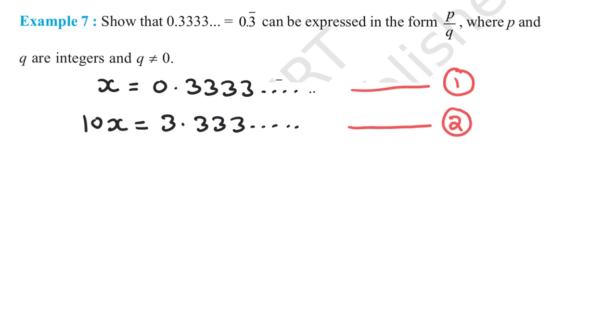Got the point? First step, let x be equal to 0.3333. Second step, because only one digit is repeating, we will multiply both sides with 10. Third step, subtract the first equation from the second equation.